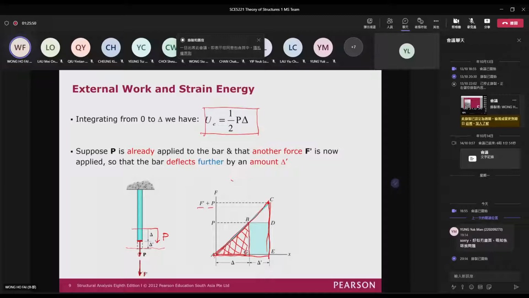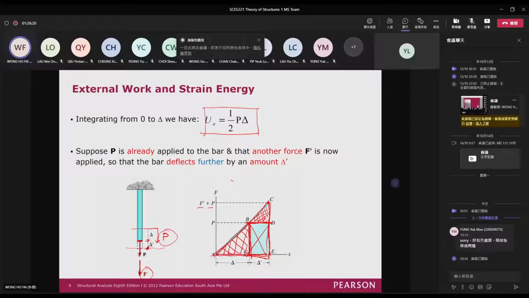However, during the loading, when F dash goes from this location to this location, the work done by the further force is this triangle. Then this rectangular area is done by the force P when it goes along with the deformation.